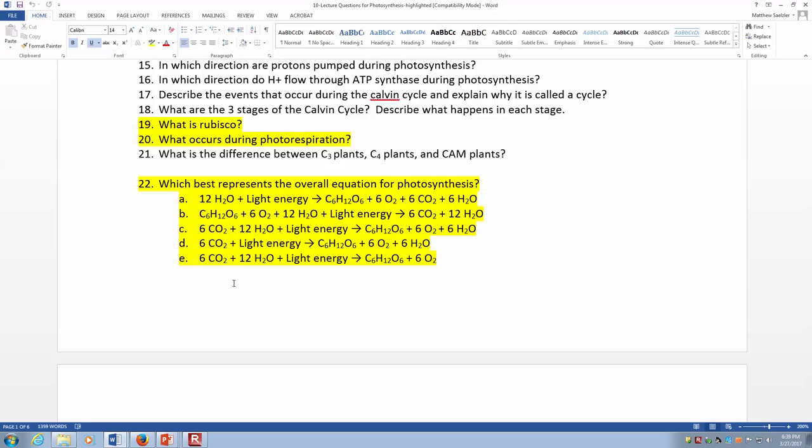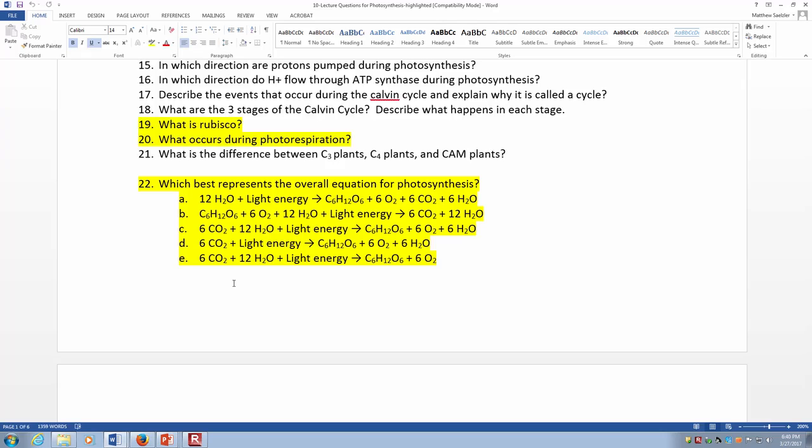No. What's the whole goal of photosynthesis? Yeah, to make their own food, which is in the form of organic molecules, right? So where do they get the carbon to do that? It comes from carbon dioxide. So carbon dioxide is the carbon source in photosynthesis to make carbohydrates and other organic molecules.